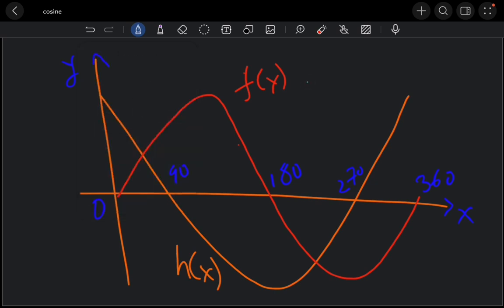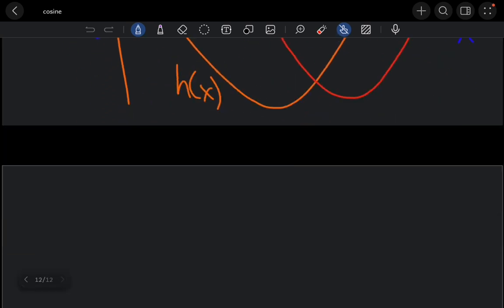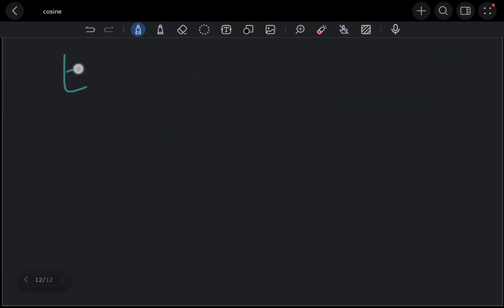Now, if they want you to identify the points in which f of x is equal to h of x, you're going to look at these points. So if they're looking for equal, you're going to look at the points in which the functions cross each other, or points of intersection.